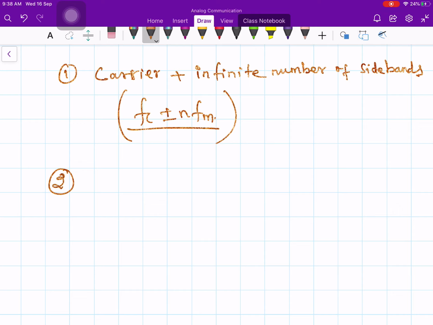Recall from the properties of your Bessel function, other components are much smaller. As beta increases, there can be some values of beta where the carrier component is 0 and all energy is contained in the sidebands. Recall this property from your Bessel function. I already discussed this.